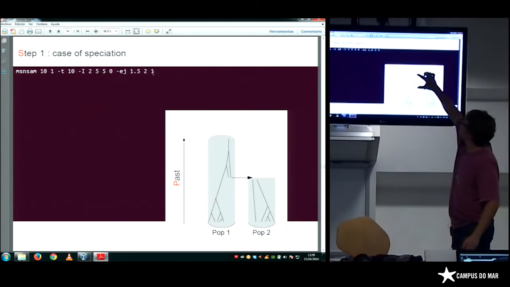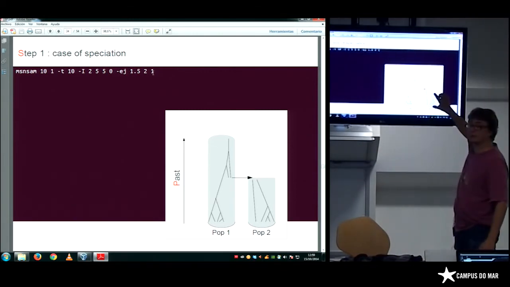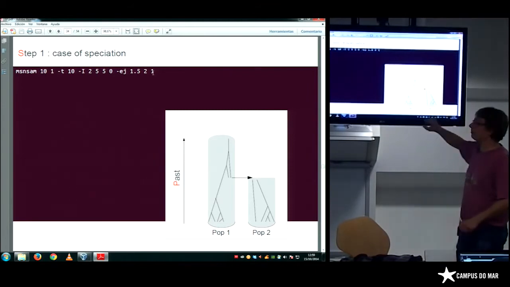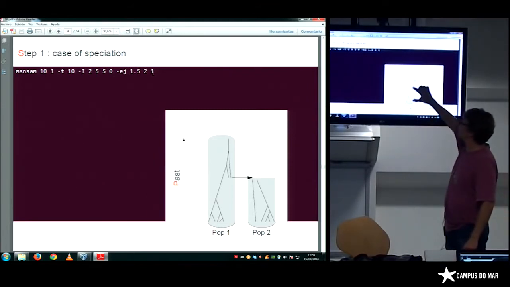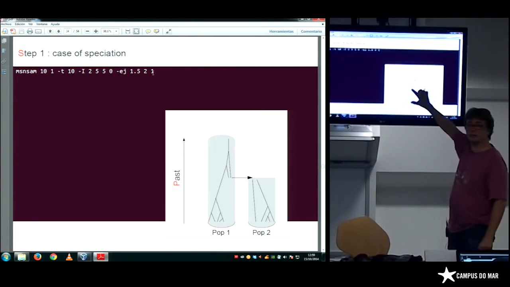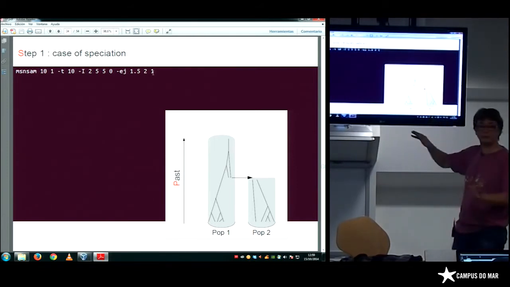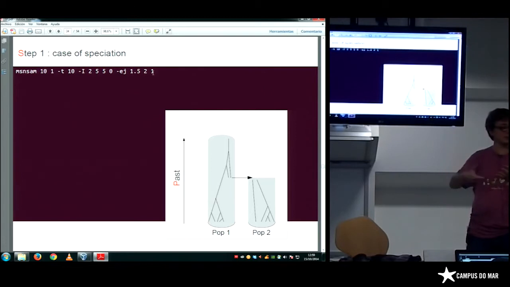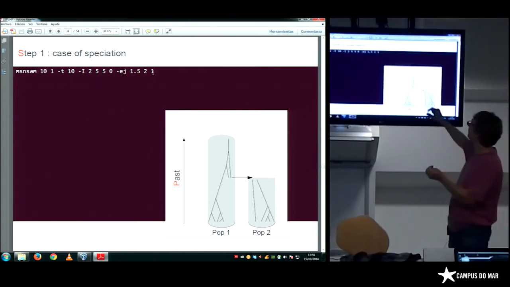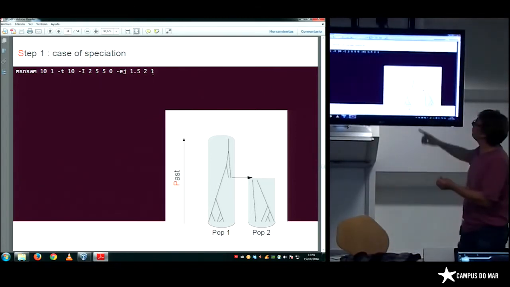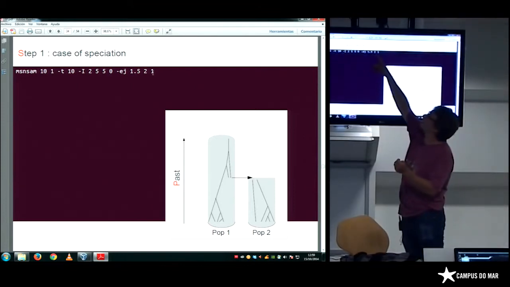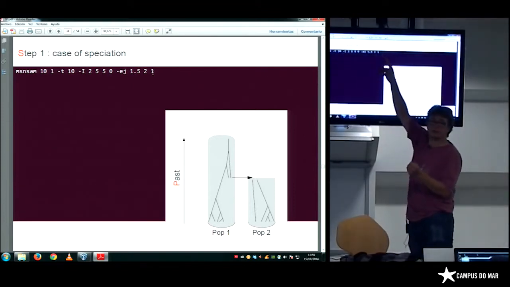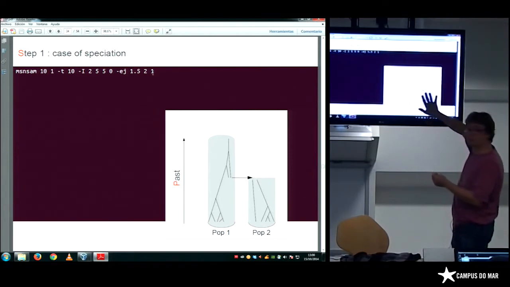So here it's population 1 that split into population 2. It's important when you ask for different population sizes. For this simulation, it's not important because we do not modify the population size. By default, it keeps the same population size. If you put 1 first and 2 second, you will have the reverse.